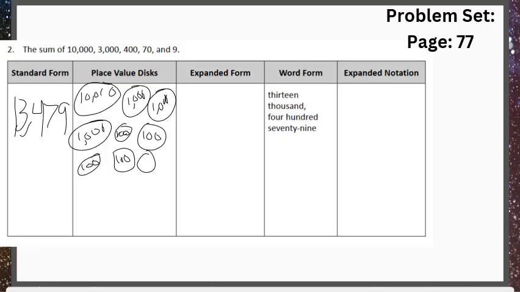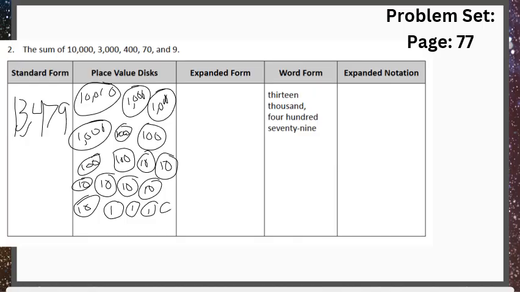We need 7 tens discs, 1, 2, 3, 4, 5, 6, 7, and then we need 9 ones discs, 1, 2, 3, 4, 5, 6, 7, 8, 9.